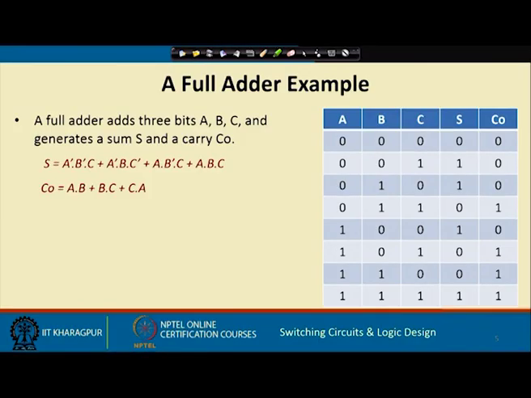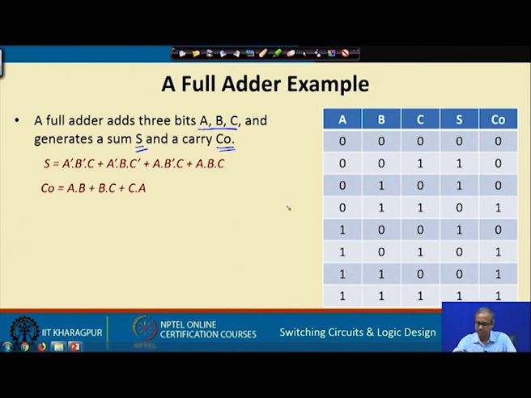There are 3 inputs A, B and C, and as the output you will have a sum, 1 bit, and a carry, that will also be 1 bit. So, let us see how a full adder is defined. As I said, it will have 3 bits A, B, C as input, a sum output and a carry output.